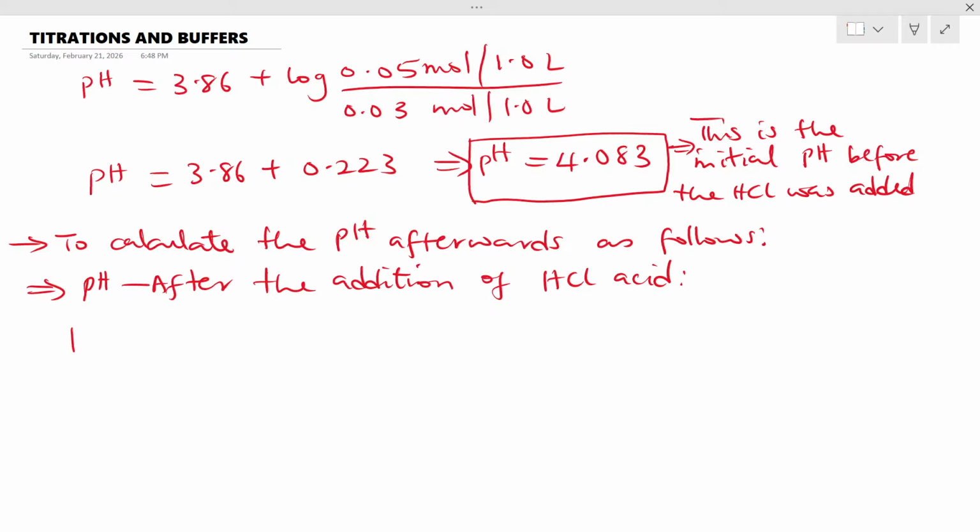So in doing that, we'll have to show before the change and after as shown below.